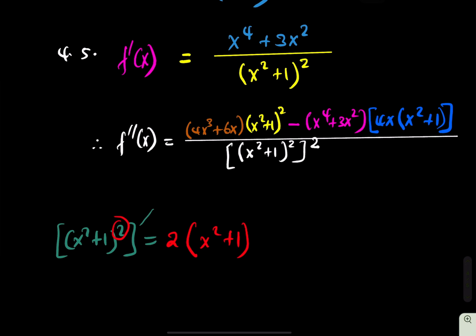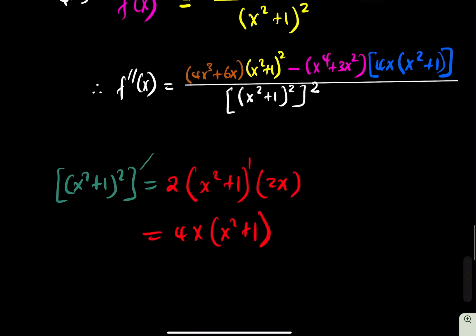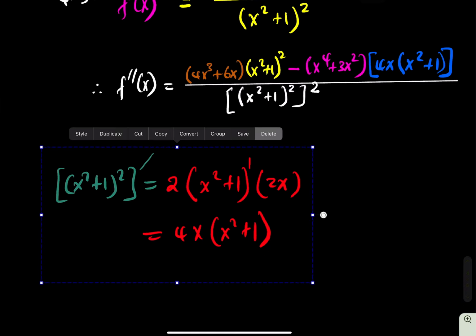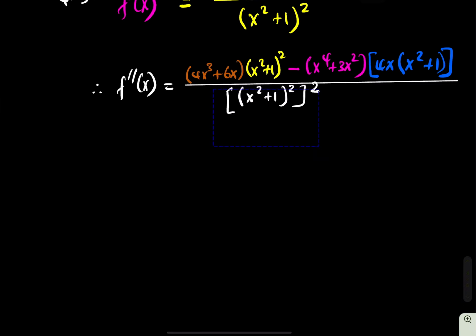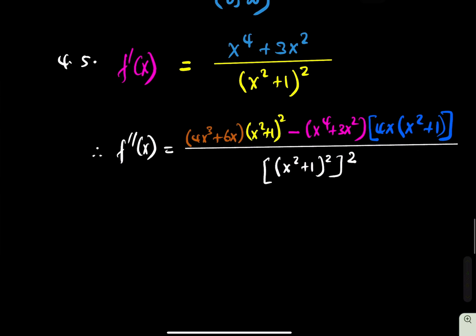You take away 1 from the power, so it's going to be 1, times the derivative of what is inside, which is 2x. Then 2 times 2x is 4x into x squared plus 1. This is how I got this one. For those of you who have questions on how I got 4x into x squared plus 1, just to clear up the air, that's how you get that one.